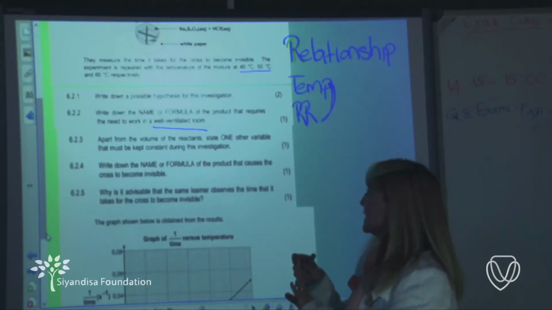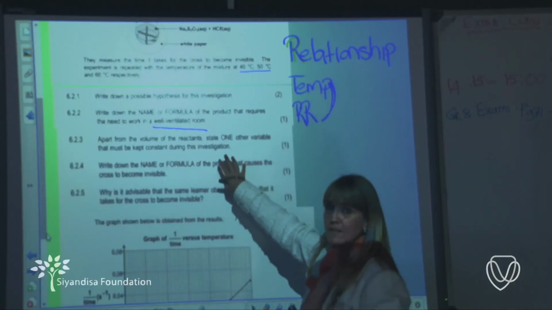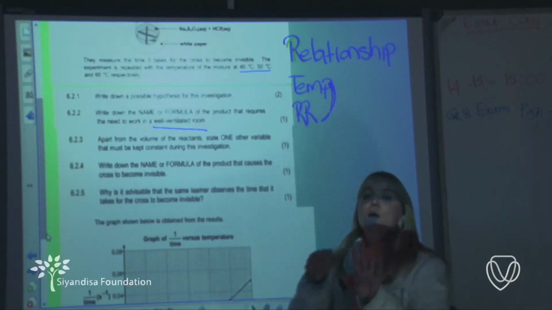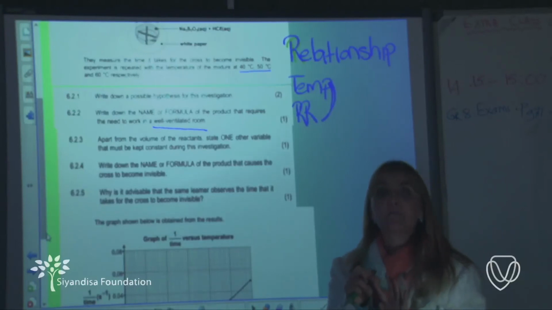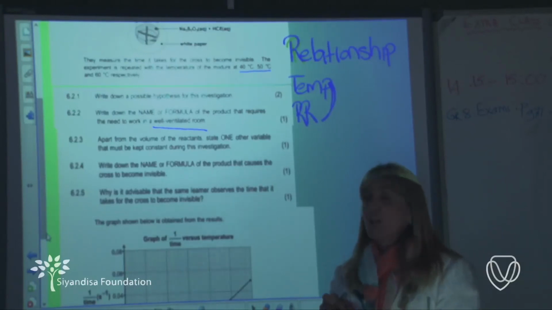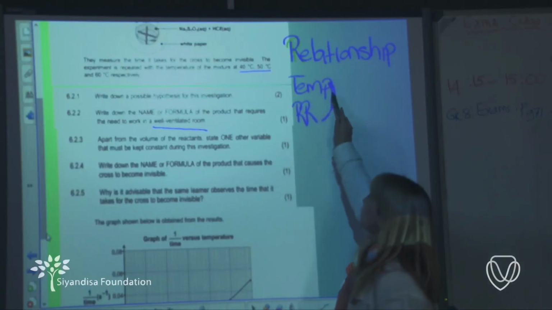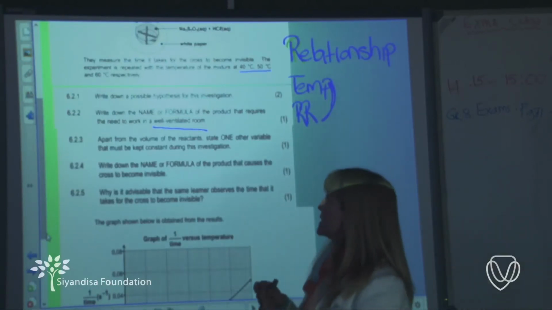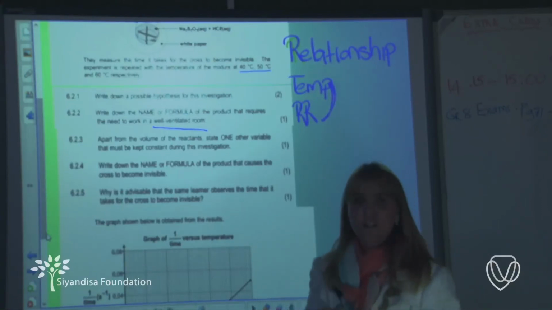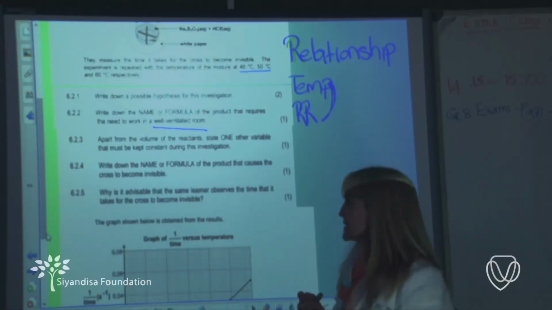We've already spoken about volume, which actually is not one of the factors. Concentration. So the concentration of my reactants must stay constant. We can only look at the effect of one factor at a time on the rate of a chemical reaction. So what needs to be constant? The concentration of your reactants.